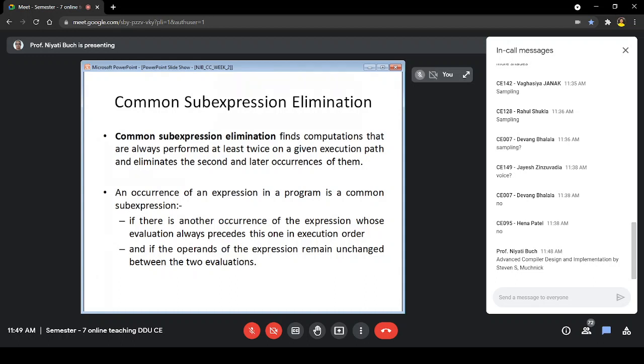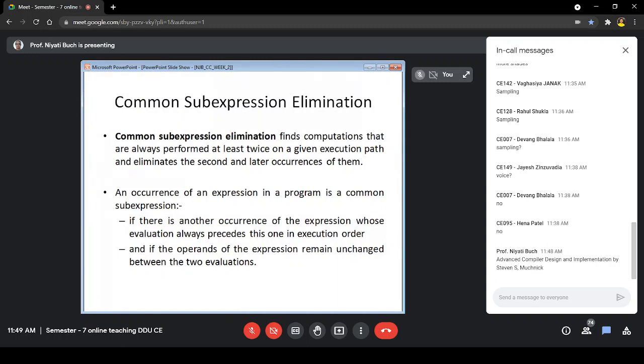So what is common sub-expression elimination? We are finding those computations which are always performed at least twice, more than once, on a given execution path. And what we do, we eliminate the second and later occurrences of them. That is common sub-expression elimination.